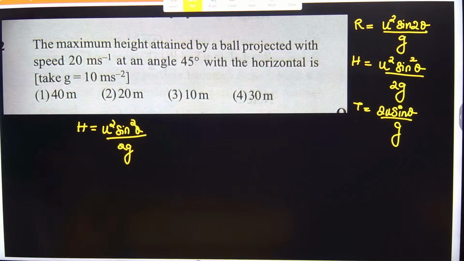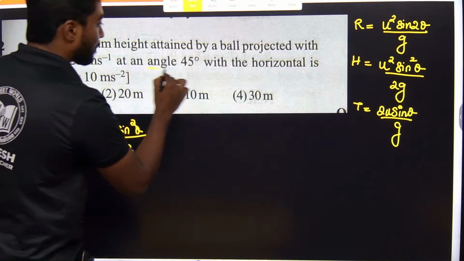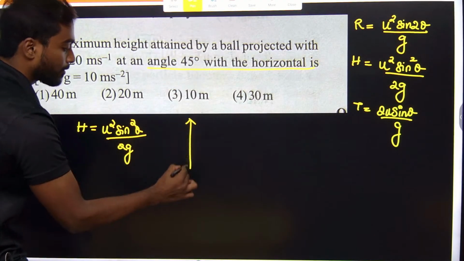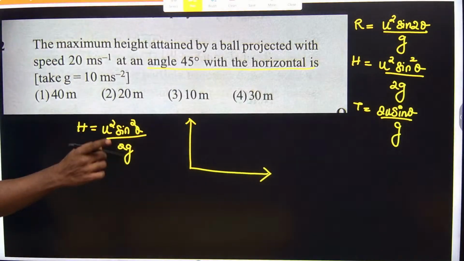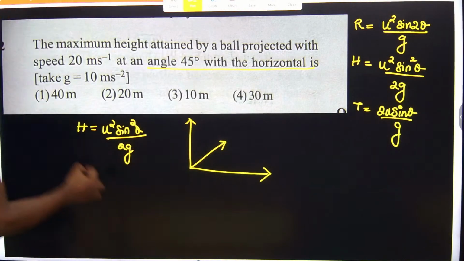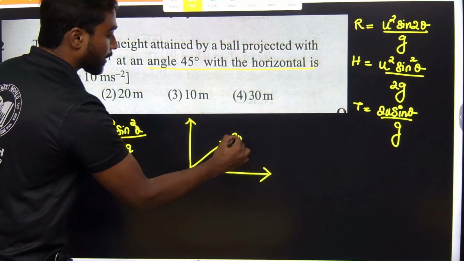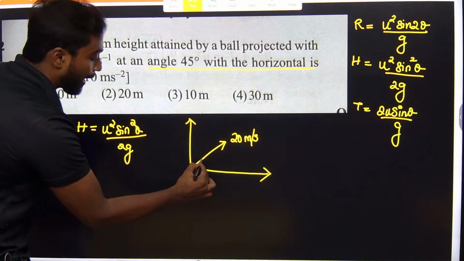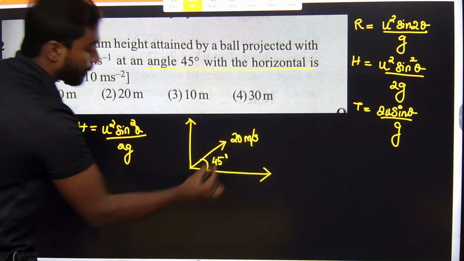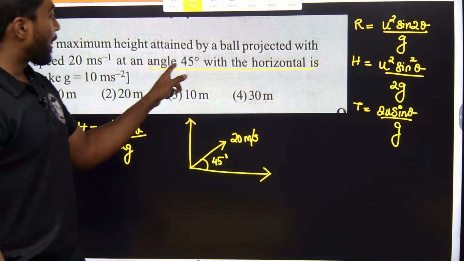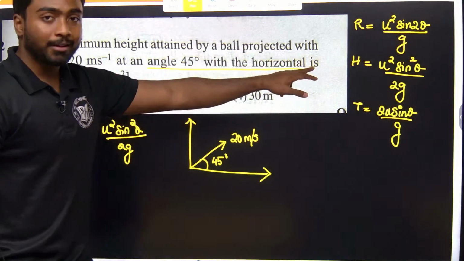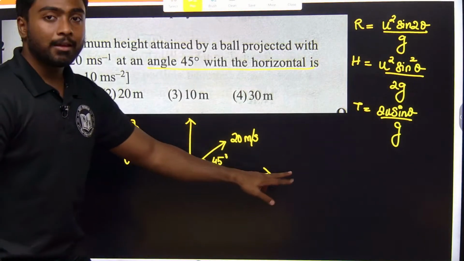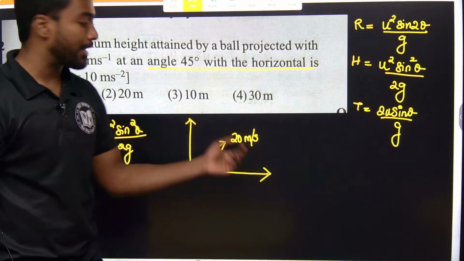The reason they have given with horizontal is that this is my y axis, this is my x axis, and an object has been thrown with velocity 20 meter per second, with the horizontal angle 45 degree. Suppose they had mentioned angle 45 degree with respect to vertical, then I should take the angle in this direction, and u cos theta and u sin theta would be interchanged.